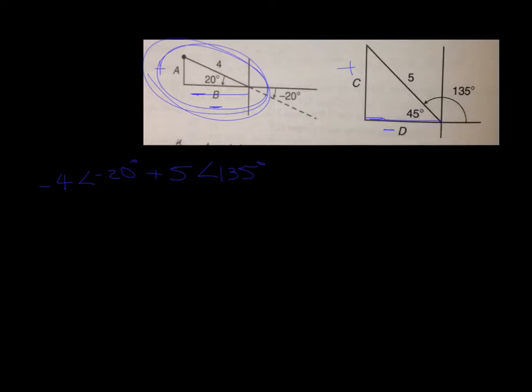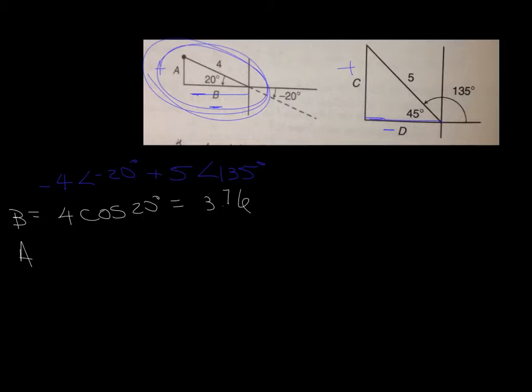The b portion is the x, so we use cosine: the hypotenuse times the cosine of the angle gives me my b. So b equals 4 cosine of 20, which equals 3.7, I'm just going to round.